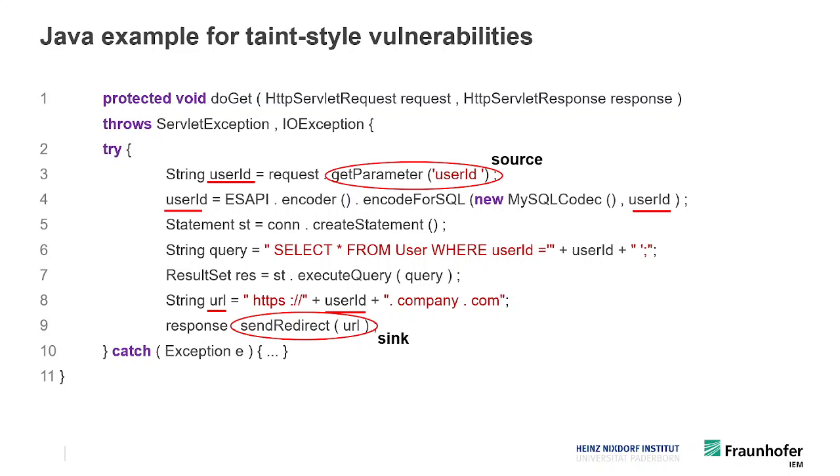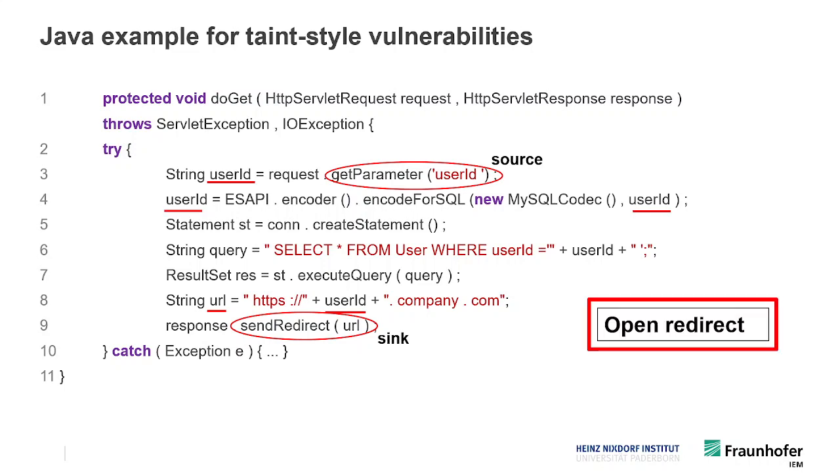This is a typical example for an open redirect vulnerability. In this code, as we see, we do not have any validator or any sanitization for URLs, so this should definitely be reported by the analysis as an open redirect vulnerability.